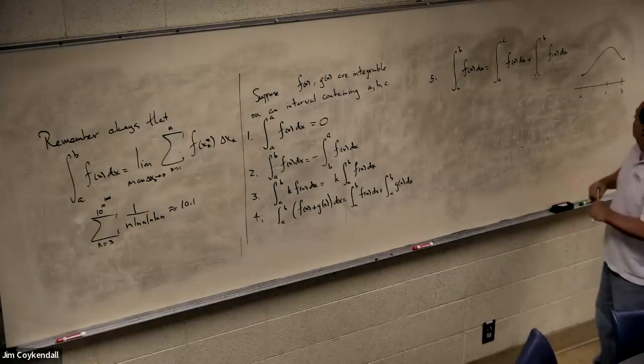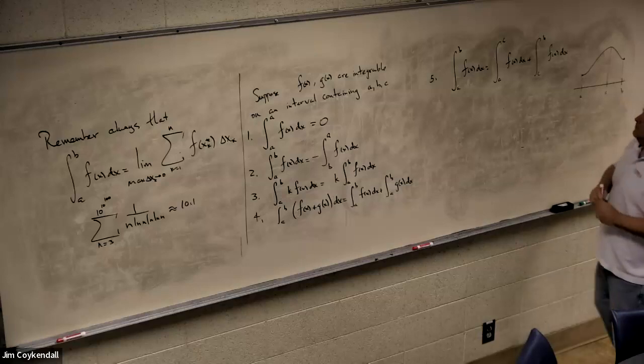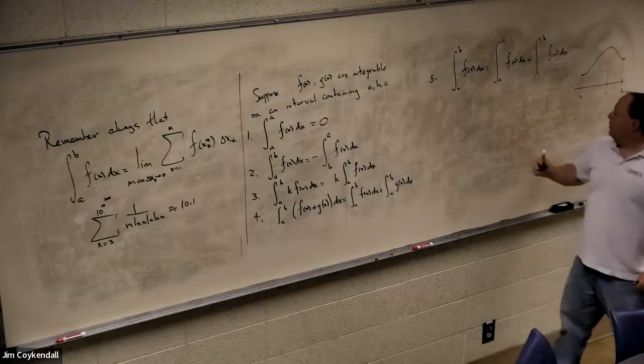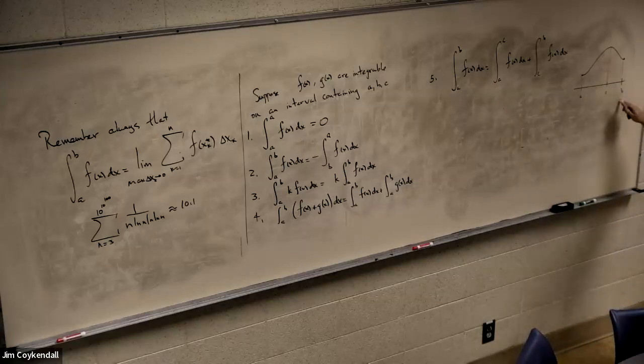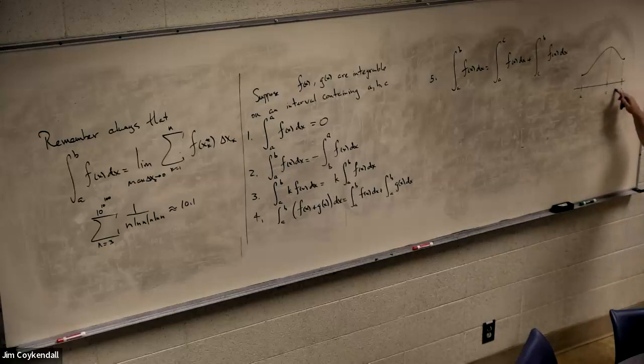Again, this is not a general proof. This is showing you what's going on in the special case here. This is the total area under this curve all the way from a to b, right? This first piece is the area from a to c. Second piece is the area from c to b.